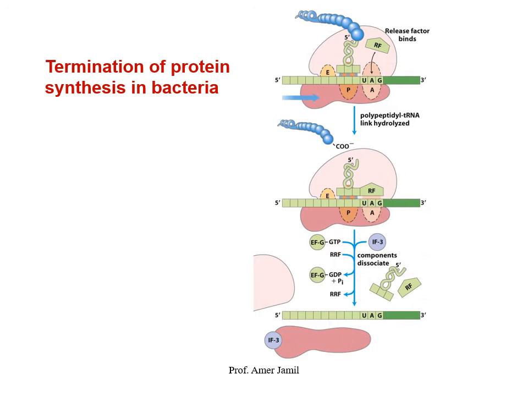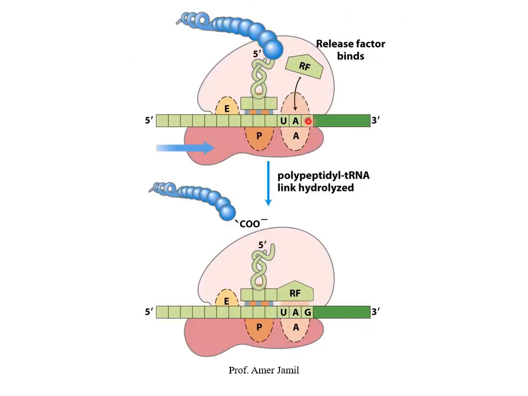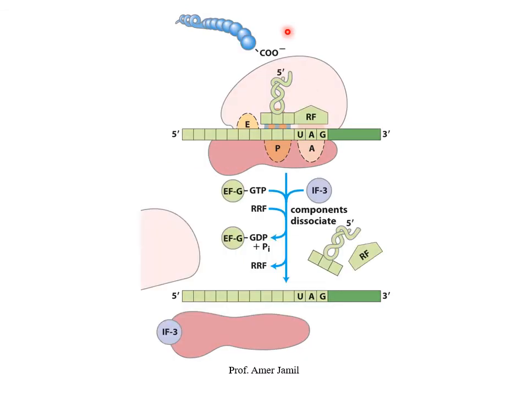It may be more clear from here that this release factor binds to this place, because there is no transfer RNA in this case. So when this release factor comes at this place with the stop codon, the whole thing falls apart, and there is another hydrolysis of another GTP molecule.